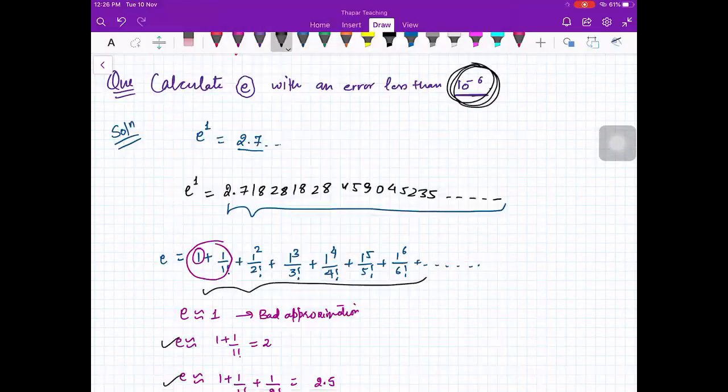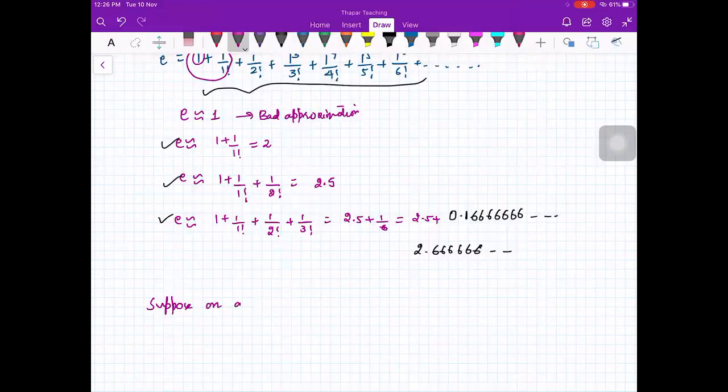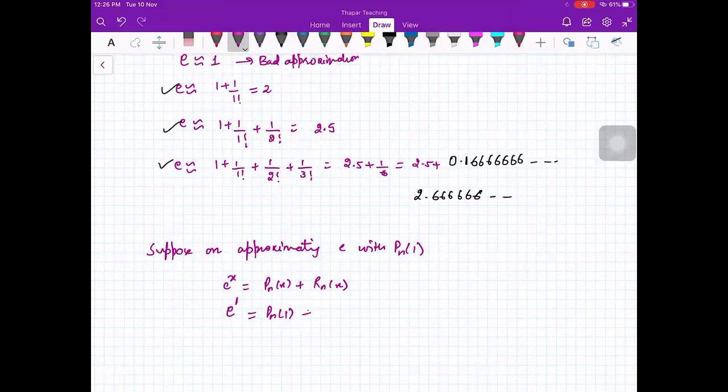So suppose on approximating e with Pn(1), we have e raised to power x is Pn(x) plus Rn(x). I want to compute e raised to power 1, so that is Pn(1) plus Rn(1). Suppose on approximating e with Pn(1), error is less than 10 to the power minus 6. This is your question.